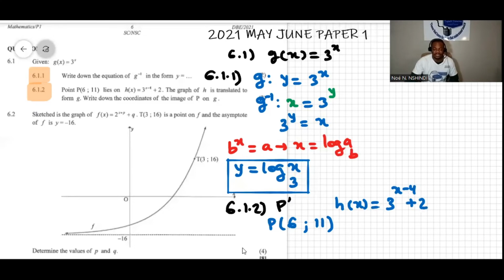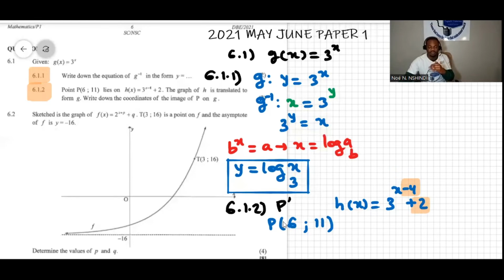The minus 4 here tells us that the same graph is shifted 4 units to the right. And then the 2 here shifts 2 units up.